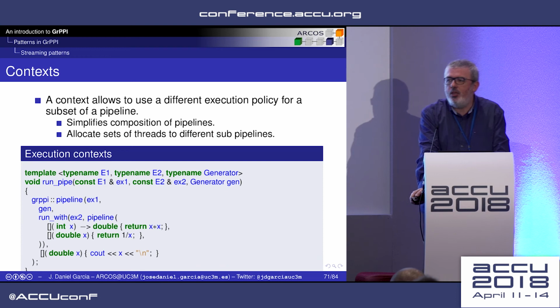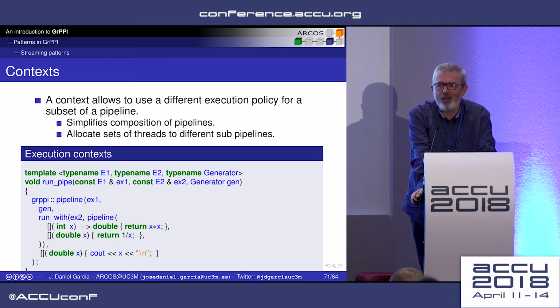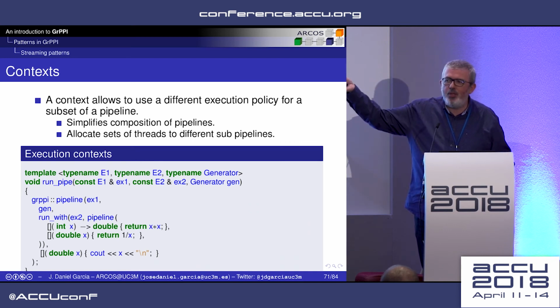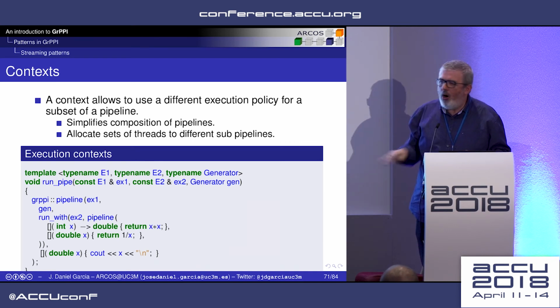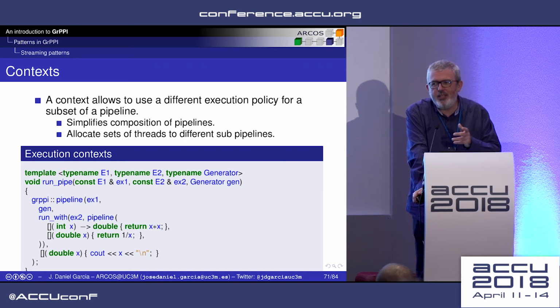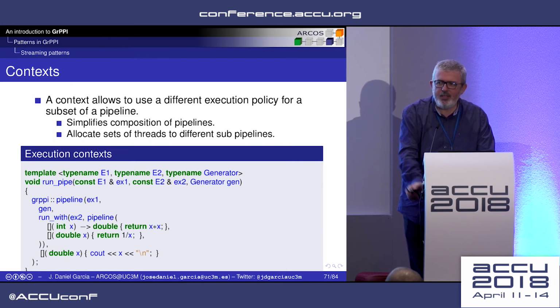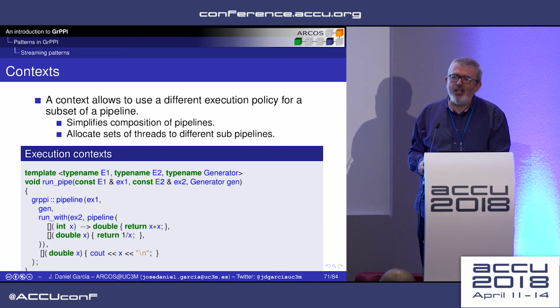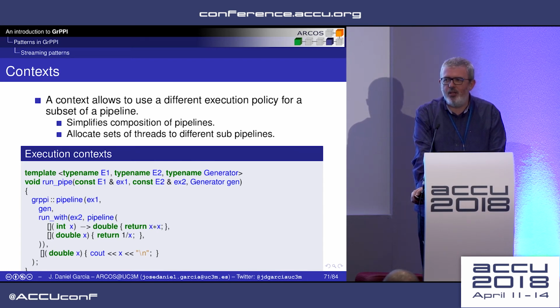Another use, which is not available today but is planned, is that this simplifies a lot when you want to run part of the pipeline on the CPU and another part on the GPU, because you just have a different context with your GPU execution policy, and then all the internals of the library take care of the communication between the CPU and the GPU, sending and receiving data. This again tries to simplify as much as possible the view that the application programmer has of the model.